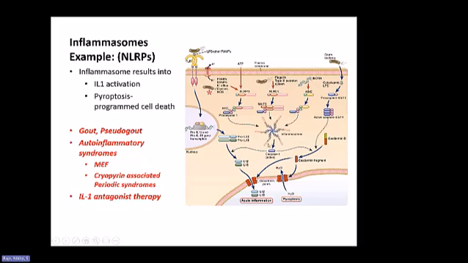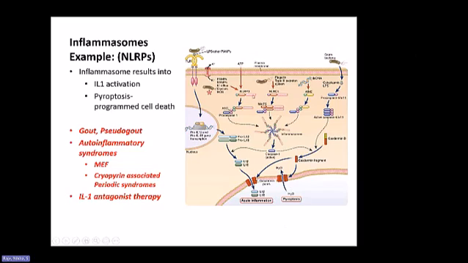This should happen when there is a signal that attaches to these NLRs. So PAMPs or DAMPs, right? So if there is an infection, then NLRP3 should get activated and form the inflammasome, and there should be release of IL-1 beta and IL-18, and that should give rise to inflammation as well as fevers. That's the protective function of these NLRPs.